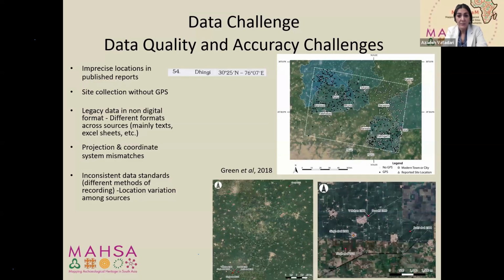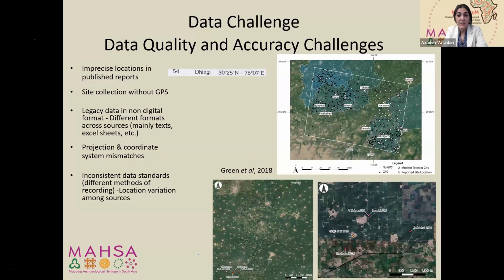Most sites from these old records don't have site coordinates, and the data was entirely text-based. If they have coordinates, they use different methods, and a lot of times they are not precise. So before we could analyze spatial patterns, we first have to convert historical descriptions. And data quality is a major concern.